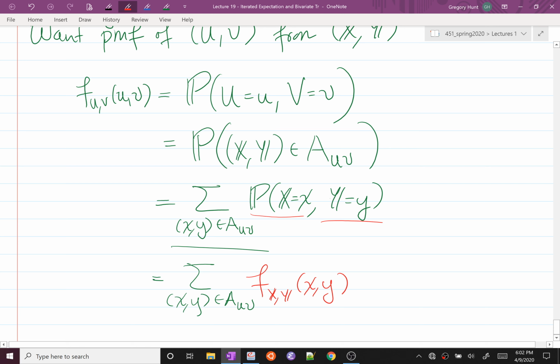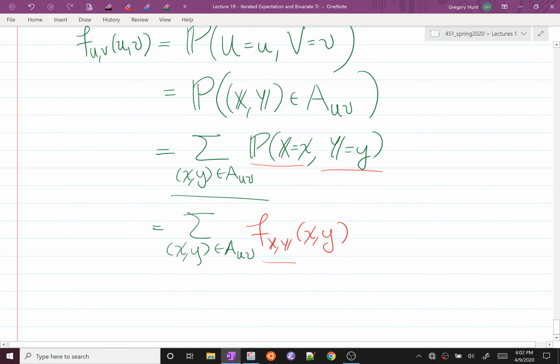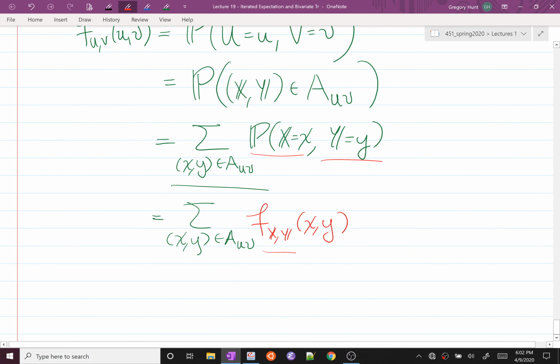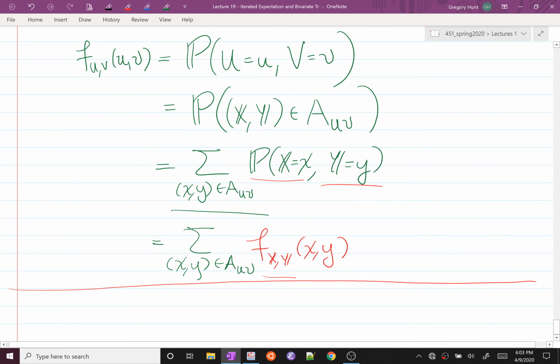F subscript capital X capital Y of my arguments little x, little y. The fortunate thing about probability is there's a lot of bookkeeping notation. So this is a bit of an abstract theorem, but basically it just says if I want to get the joint PMF of u and v, I sum the joint PMF of x and y over the appropriate range.